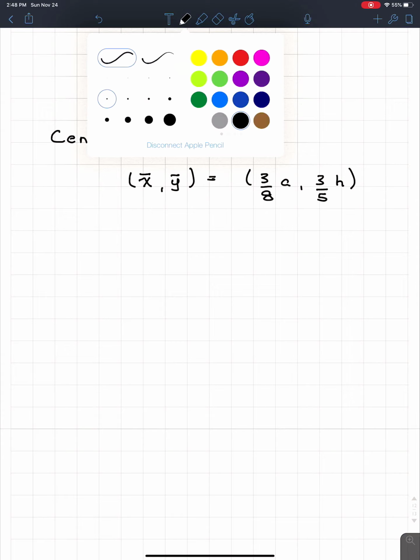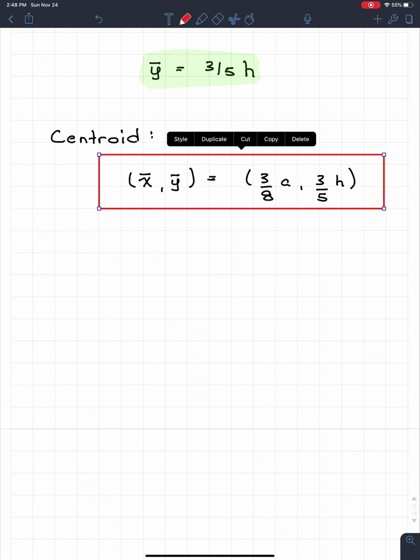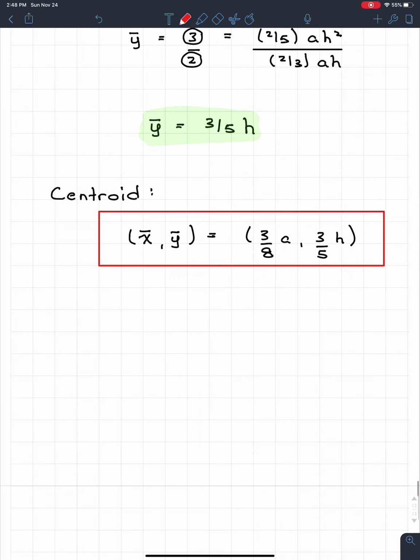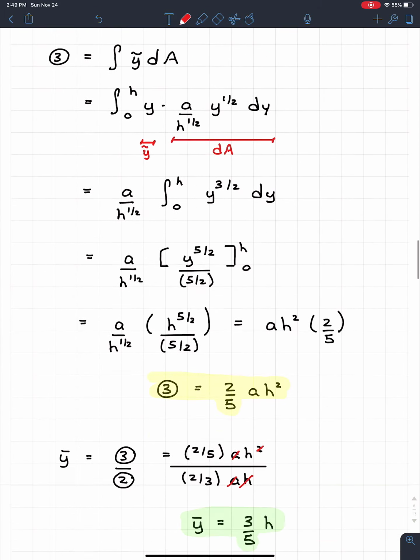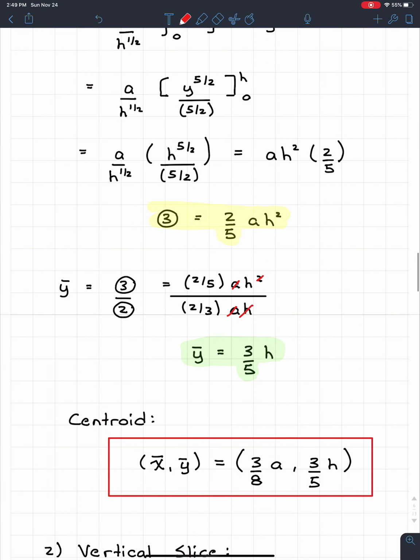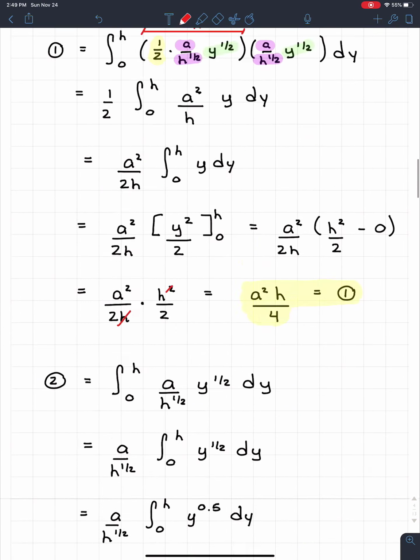So I'm going to put a red box around this like that, and that is it. So if we come up to our other answer, it's exactly the same. So it doesn't matter which way you do it, the final answer is going to be the same.